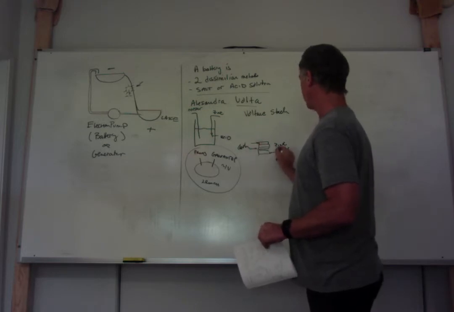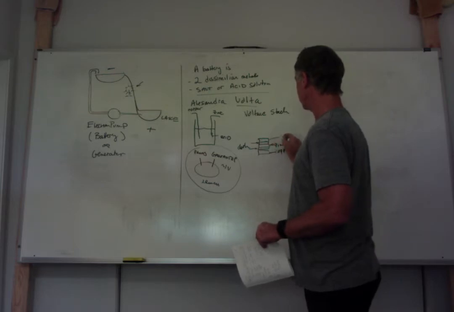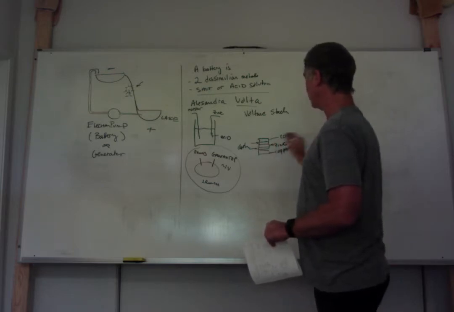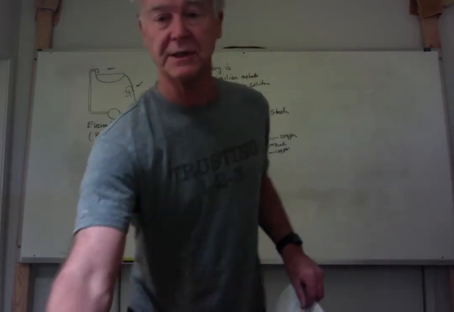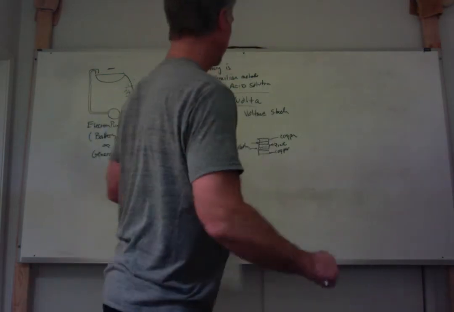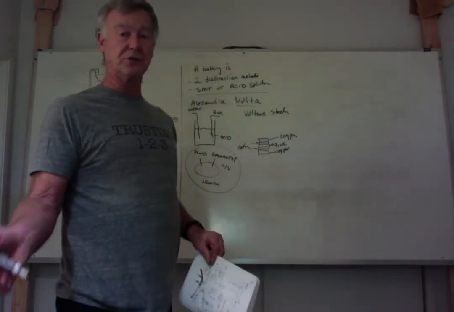So it's copper, zinc, another piece of copper. And what he discovered is the more of these he did, the higher the voltage was. And he was able to create large voltages.